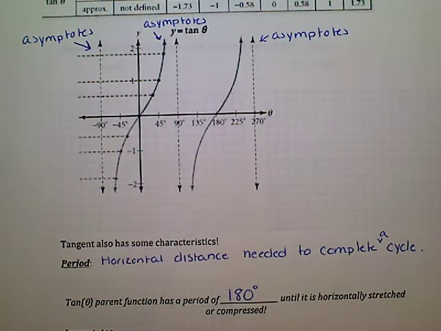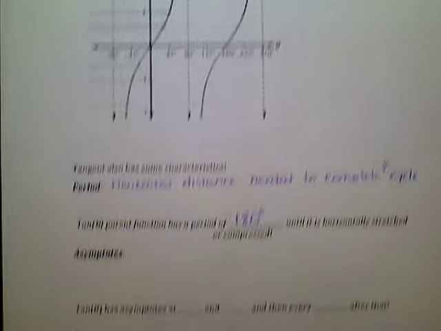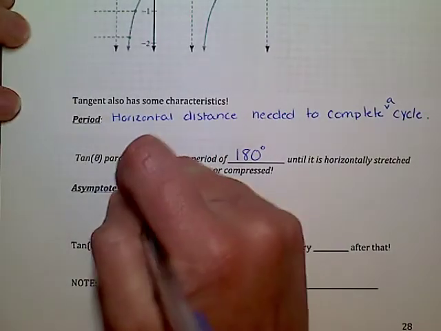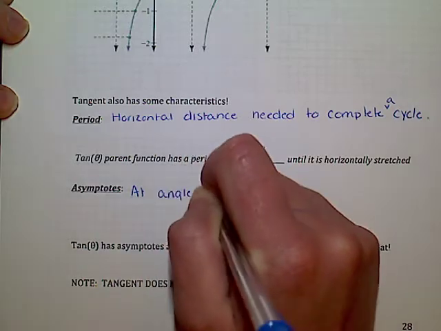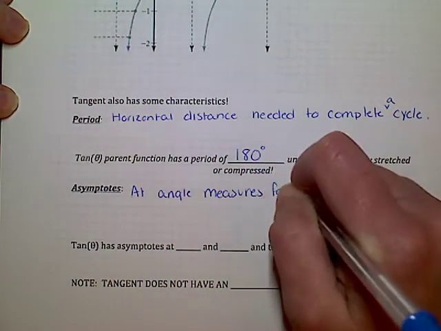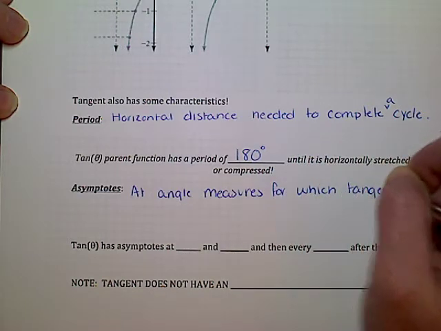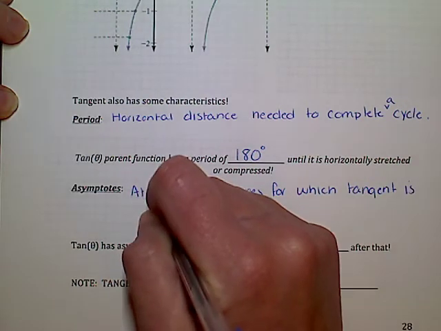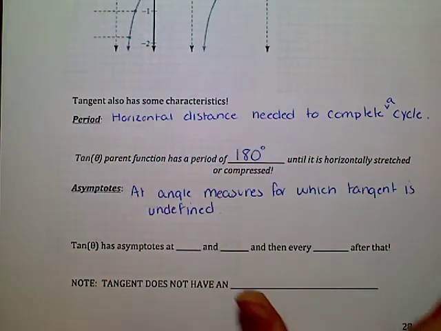Okay. So the other thing to know about tangent is, yes, it has these asymptotes. It has asymptotes at angle measures for which tangent is undefined. We saw that happen from time to time in 13.3, right?